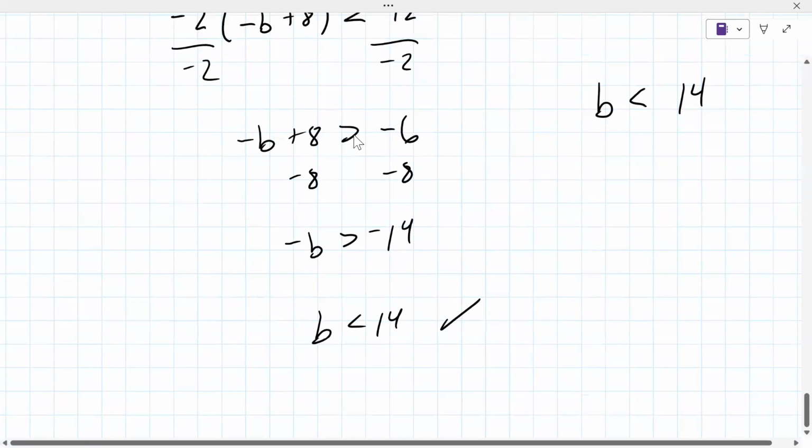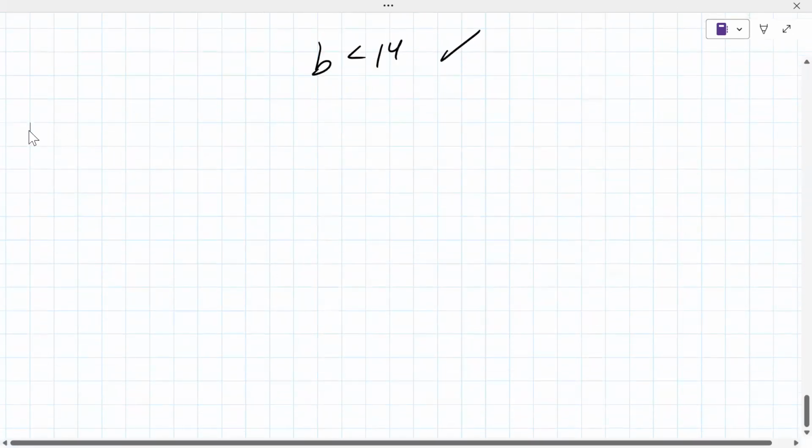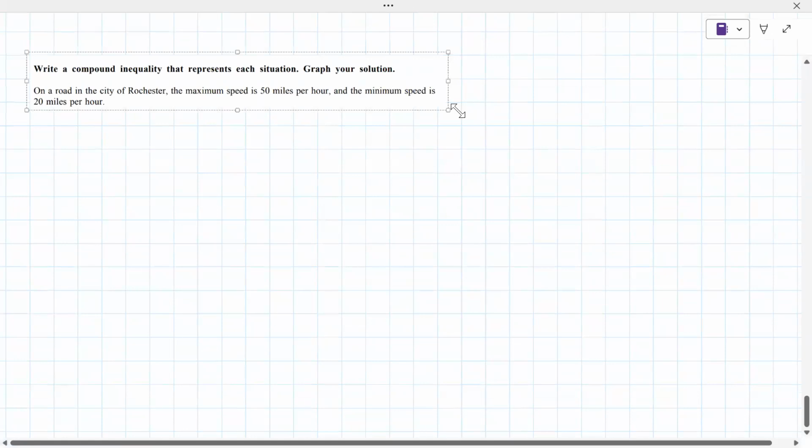Yep, really good. All right, so here is an inequality word problem, kind of.